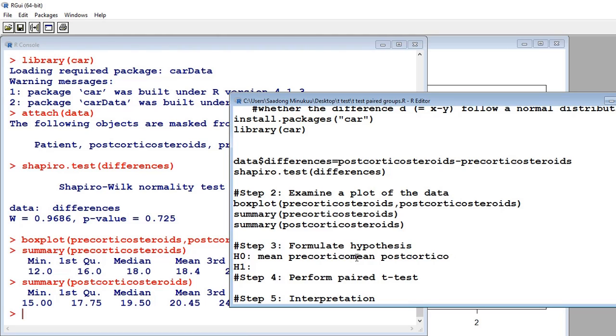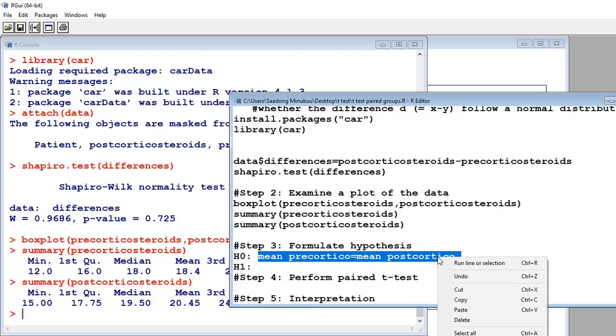So we could assume that within the real population the means are actually the same, and then the alternative hypothesis is that the means are actually not the same. So it's either greater than or less than, but they are not equal.